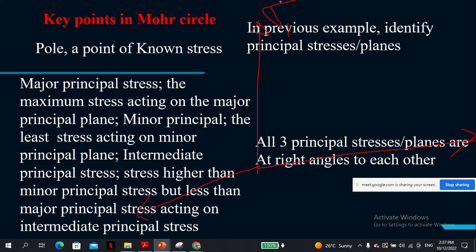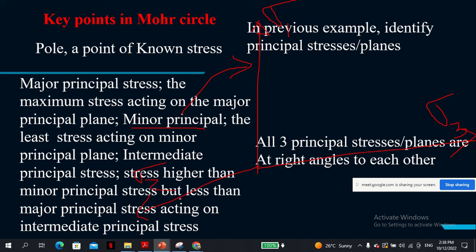Sigma 1 is the major principal stress, the maximum, and it acts on the major principal plane. Then this is the minor principal stress acting on the minor principal plane, and it is the least. And this is the intermediate principal stress, which acts on the intermediate principal planes.